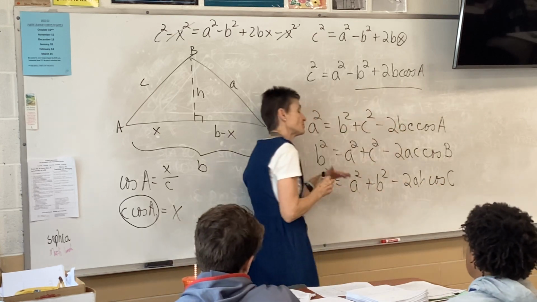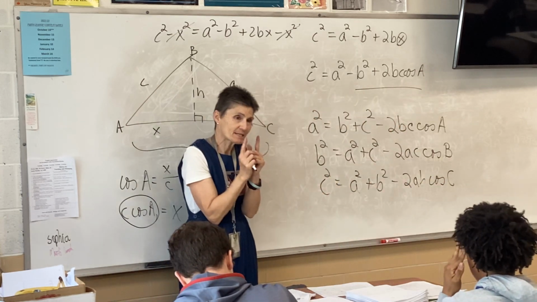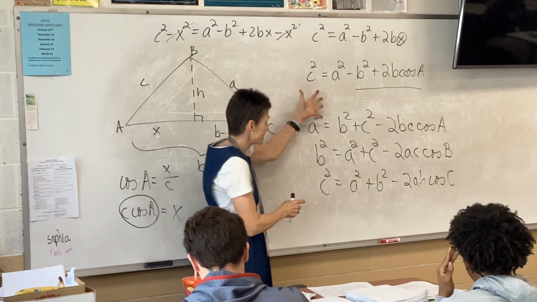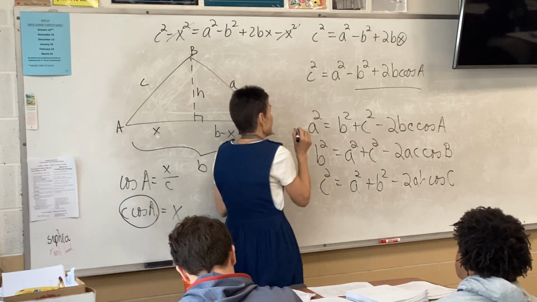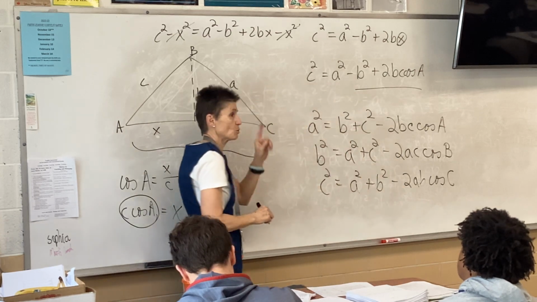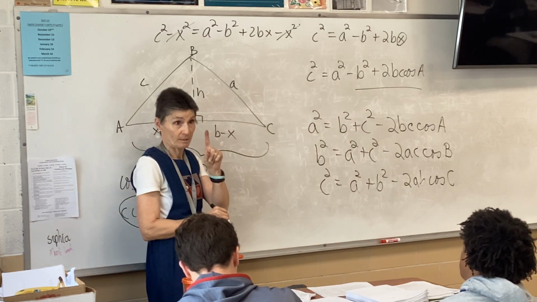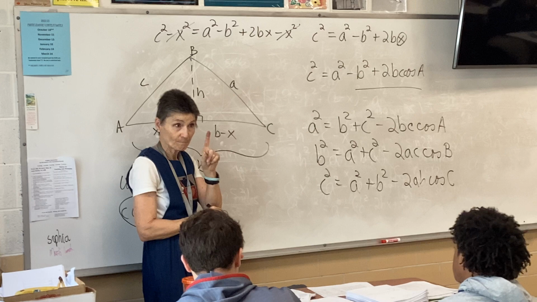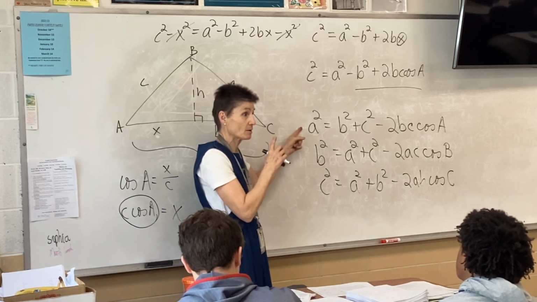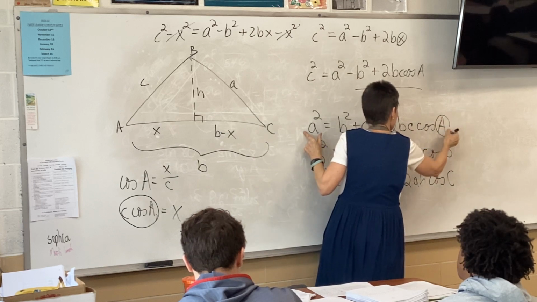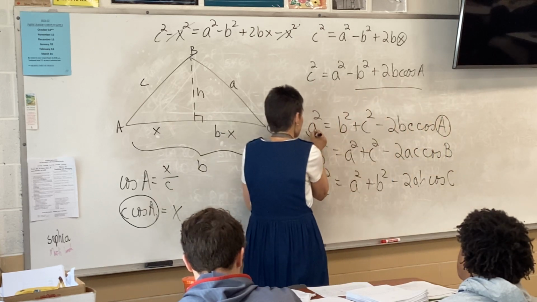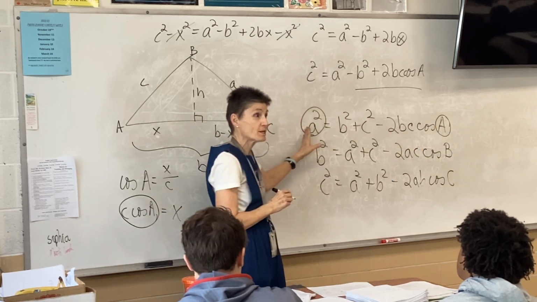What I want you to do is recognize the pattern. This is the law of cosines. But look, in each case, there's only one angle mentioned in the formula, right? In this one, it's angle A. And the angle that's mentioned is the side that's over here by itself.